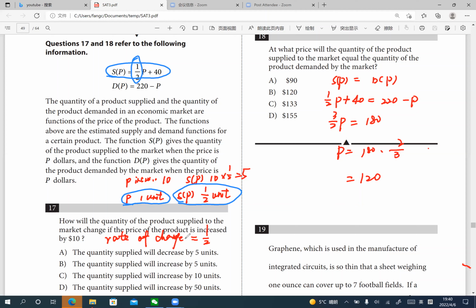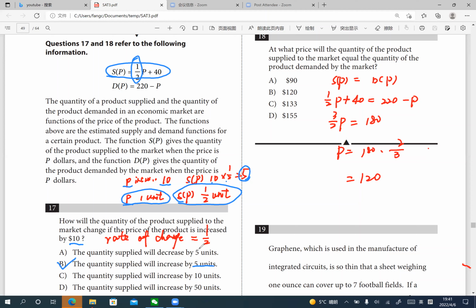The price of the product is increased by $10, which means P increased 10 units, and S(P) should increase correspondingly 10 times 1/2, which is equal to 5. So we should choose option B. The quantity supplied will increase by 5 units.